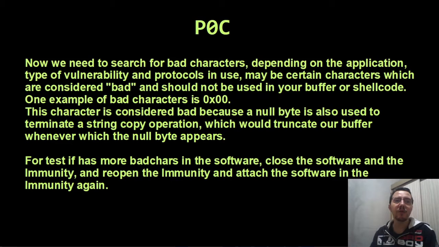This character is considered bad because a null byte is also used to terminate a string copy operation, which would truncate our buffer whenever a null byte appears. So, there are some values that for our vulnerable software are considered bad.